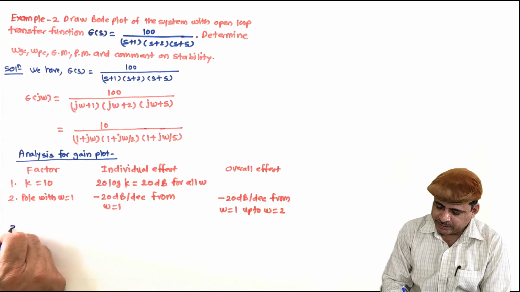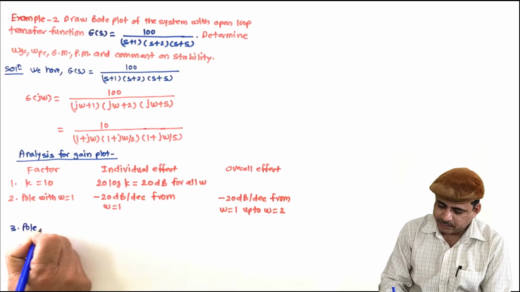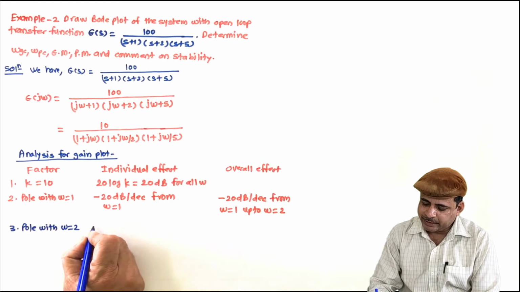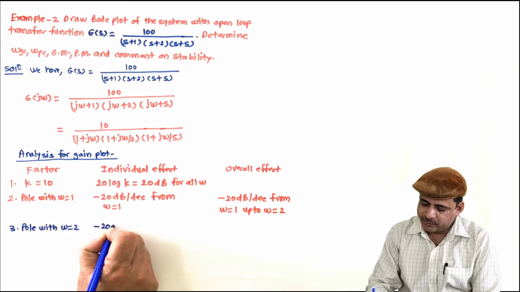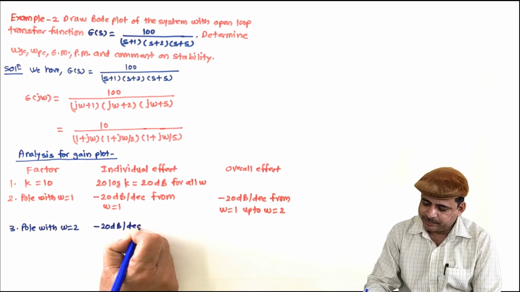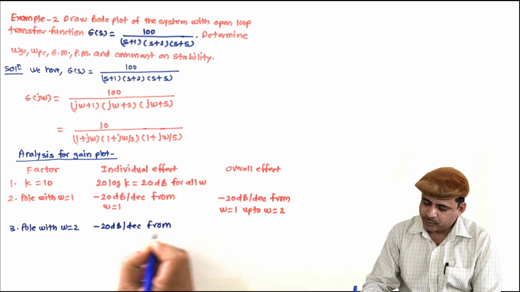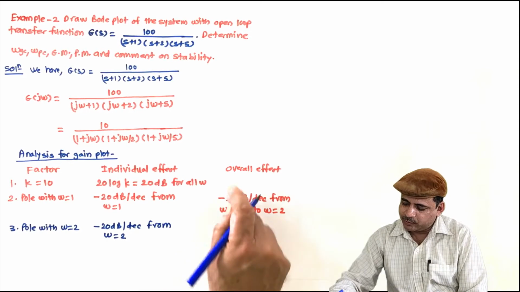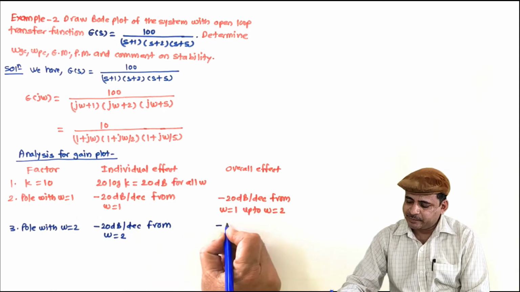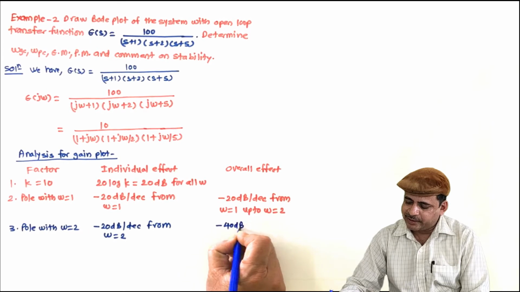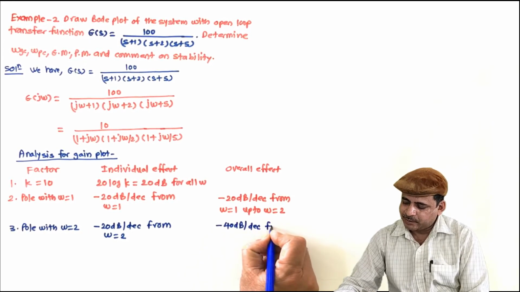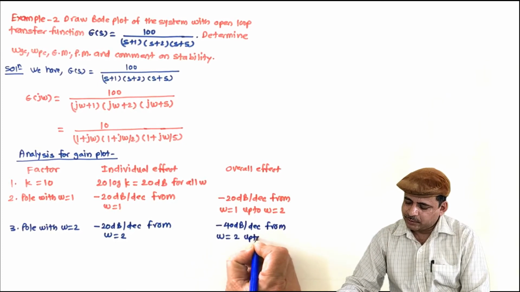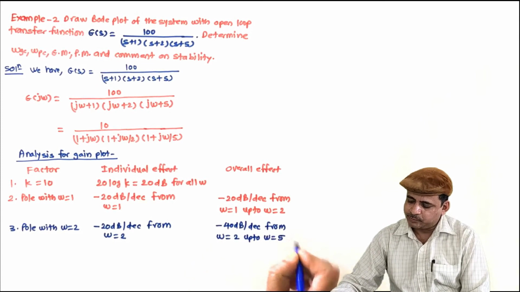Then the third factor is a pole with omega equal to 2, and as it is a pole, its impact will be minus 20 dB per decade from its frequency omega equal to 2. The overall effect will be minus 20 plus minus 20, that is minus 40 dB per decade, from omega equal to 2 up to omega equal to 5.